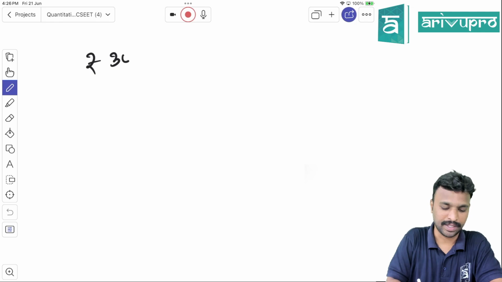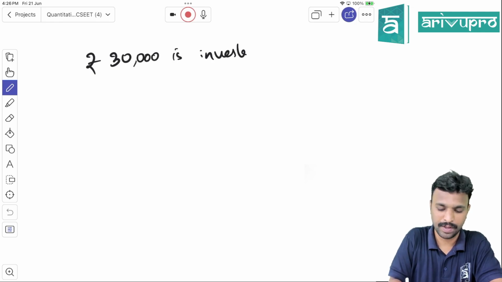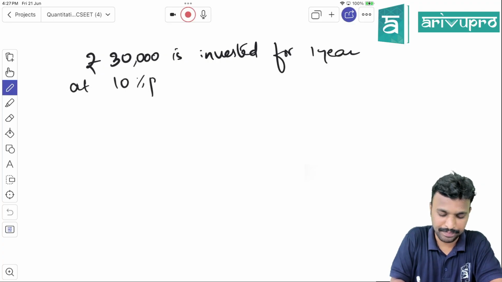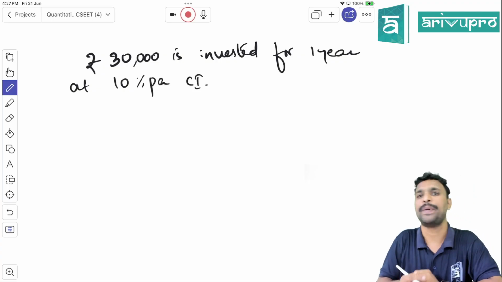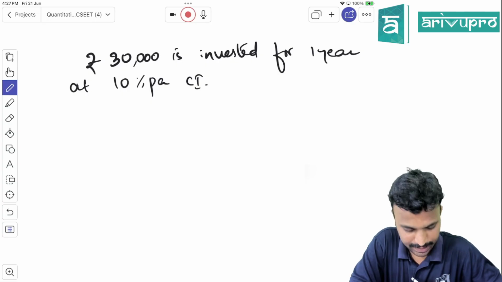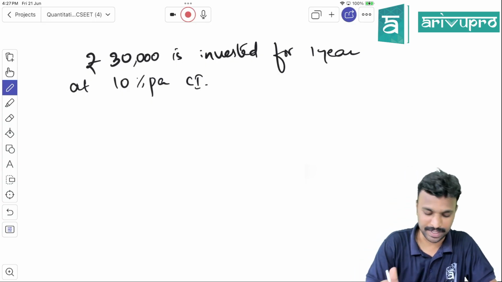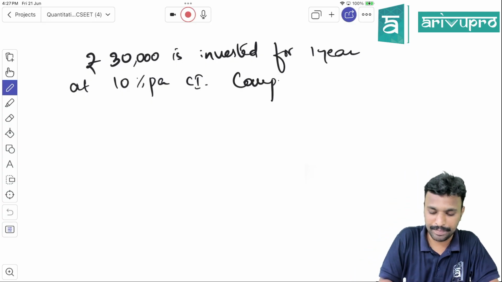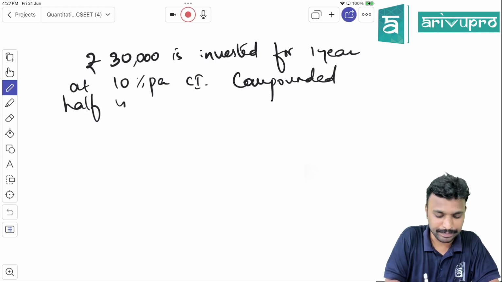Rupees 30,000 is invested for 1 year at 10% per annum CI, compounded half yearly.